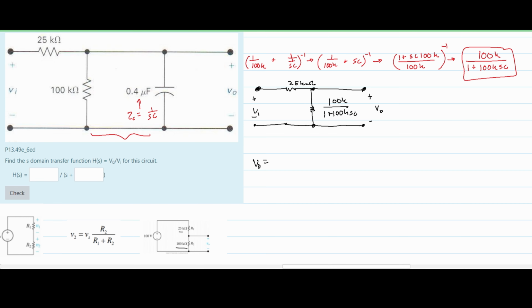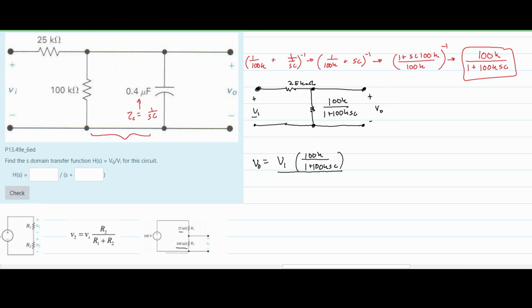So this is equal to our V1 times our R2, and our R2 is going to be this. So we have V naught equal to V1, then you have the R2, which is 100K divided by 1 plus 100K SC, and this is all over our R1 plus our R2.